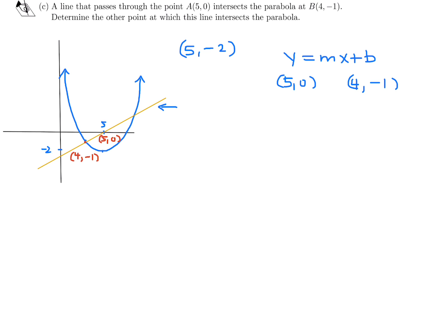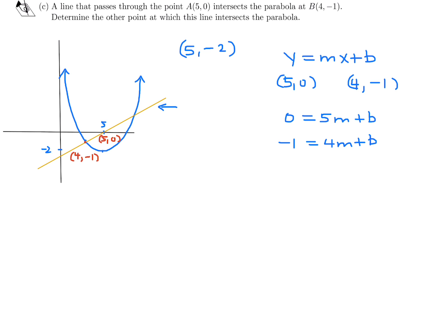All right, let's start substituting. So substituting this guy gives me 0 is equal to 5m plus b. Okay. And then substituting the other point, this one right here, gives me negative 1 is equal to 4m plus b.